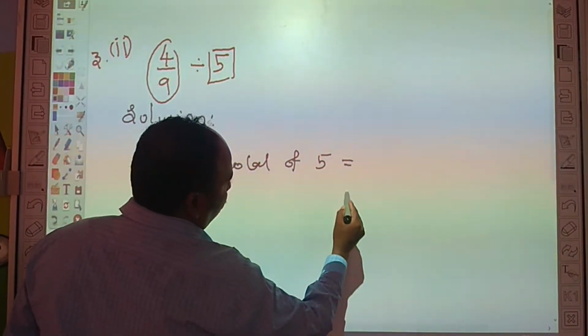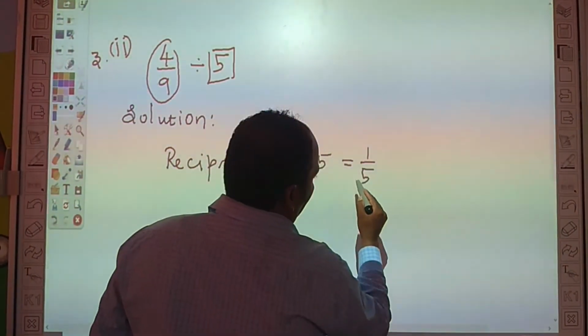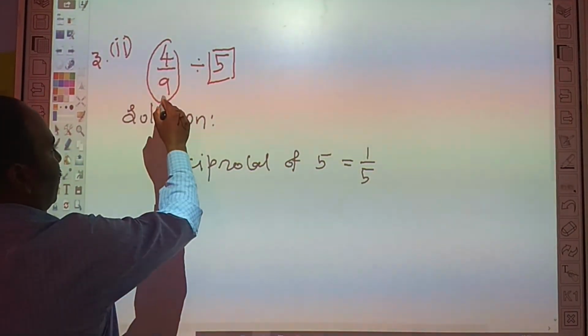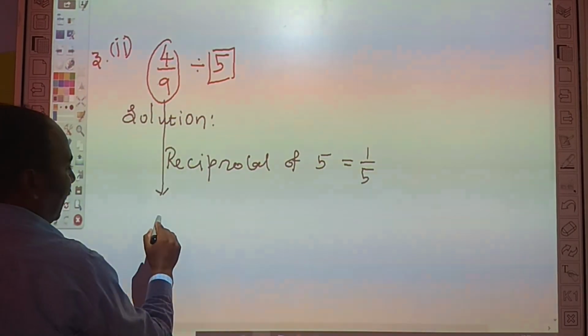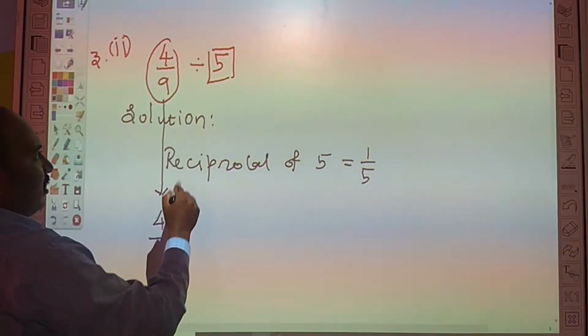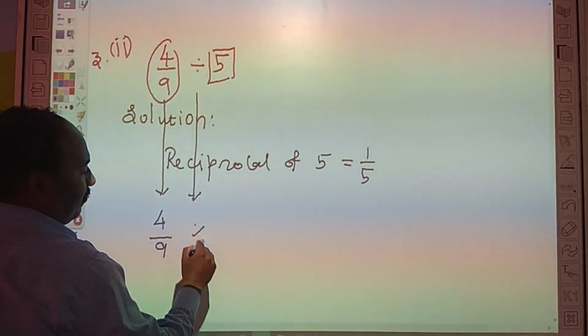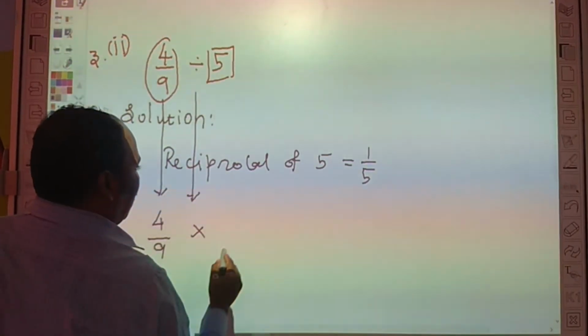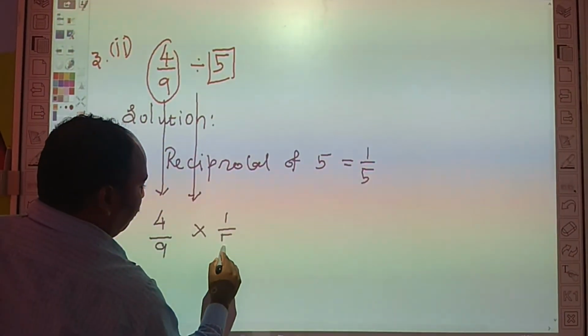Reciprocal of 5 is equal to 1 by 5. Then the given number is 4 by 9. Division converts to multiplication, and multiply by the reciprocal of 5, which is 1 by 5.